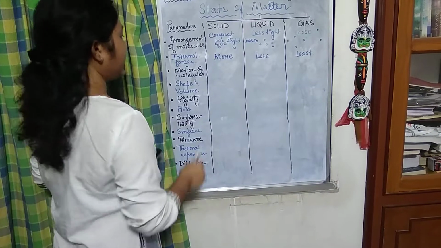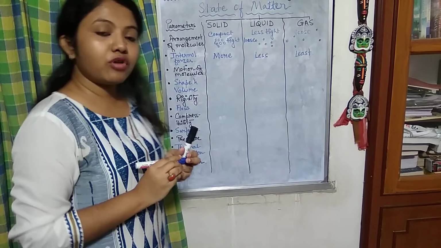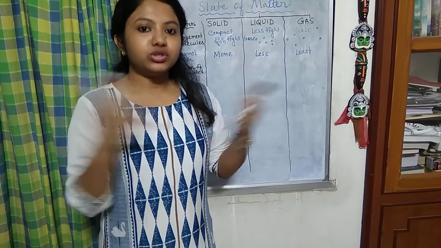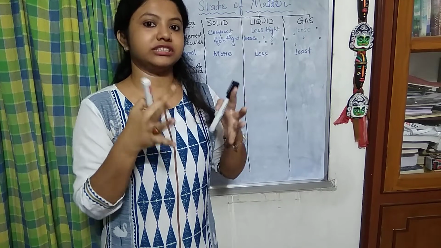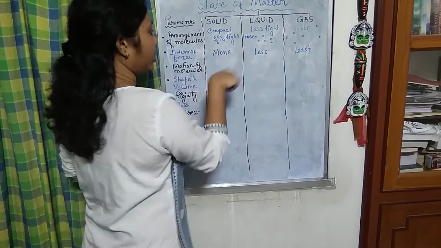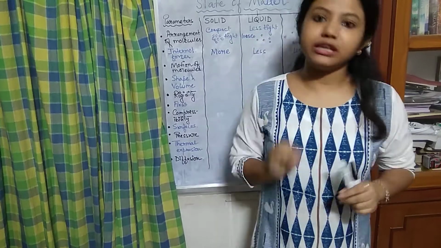Now, talking about the motion of the molecules. We have already said there is a tendency of molecules to be in constant motion. In the case of a solid, obviously the tendency will be there.